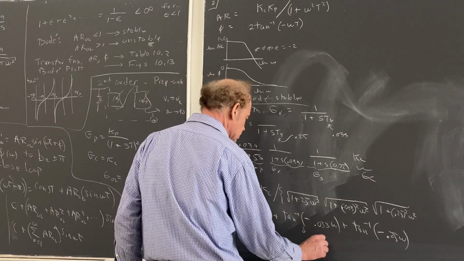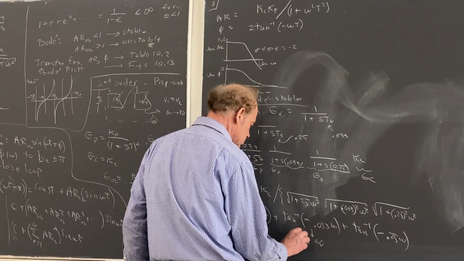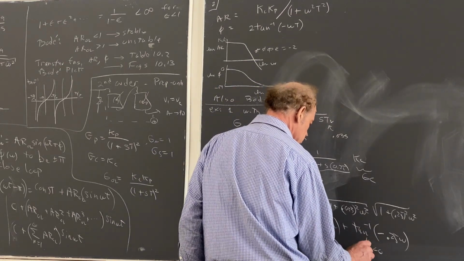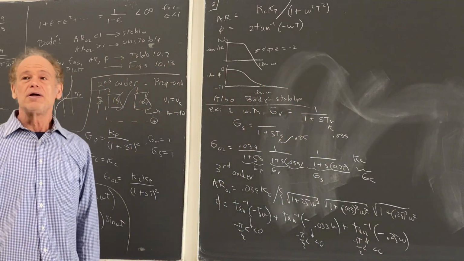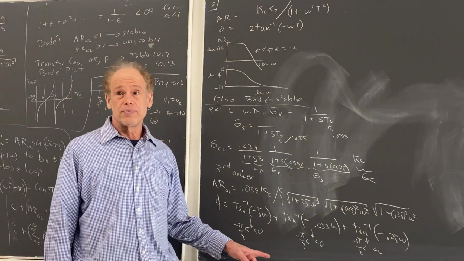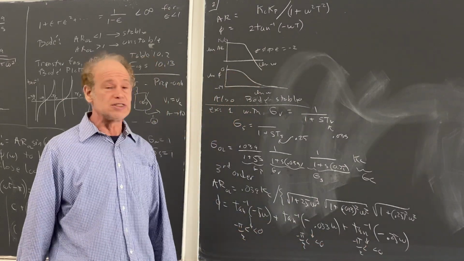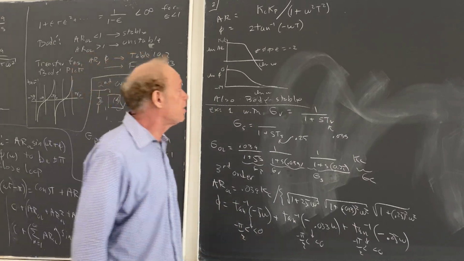This guy goes from 0 to minus pi over 2. And this guy goes from 0 to minus pi over 2. So when I add them up, in principle, there's the possibility that I could go from 0 plus 0 plus 0, which is 0, to minus pi over 2 plus minus pi over 2 plus minus pi over 2, which is minus 3 pi over 2.